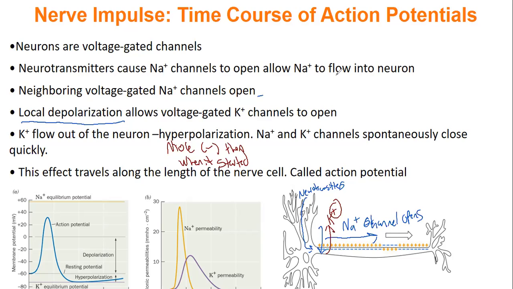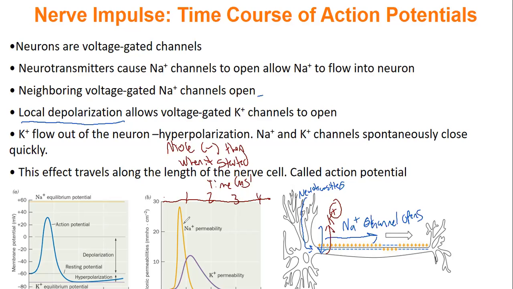The graphs that are being shown here, let me redo the time. So the x-axis is time in milliseconds. So that's 1, 2, 3, 4 milliseconds. And you can see here, this permeability is basically telling you when the channels are open.